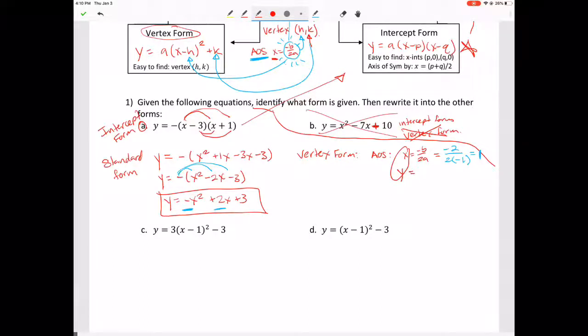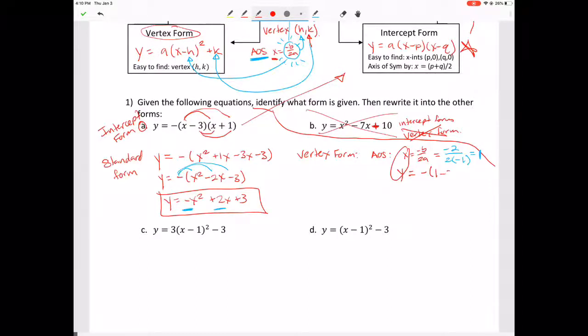So we plug that into our original equation. You could plug that x into the standard form, or you could plug it into intercept form. Either way doesn't matter. I'm going to do it in intercept form, because I like that. So we plug in the 1 for our x.